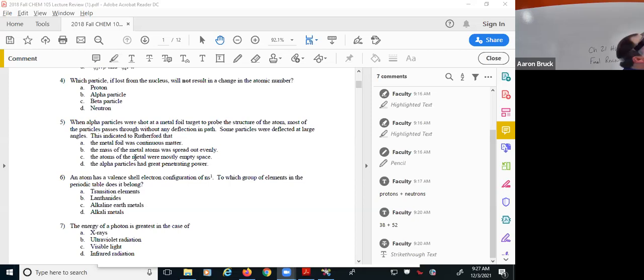Now let's ask a different question along the same lines. Which one of those decays would occur without changing the mass number?